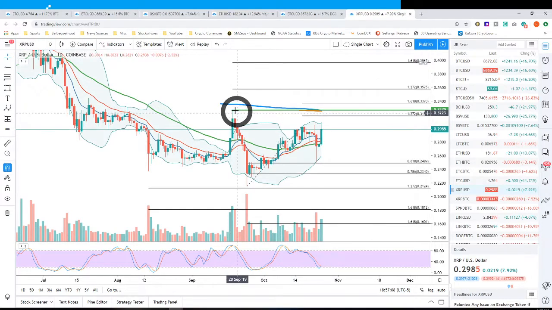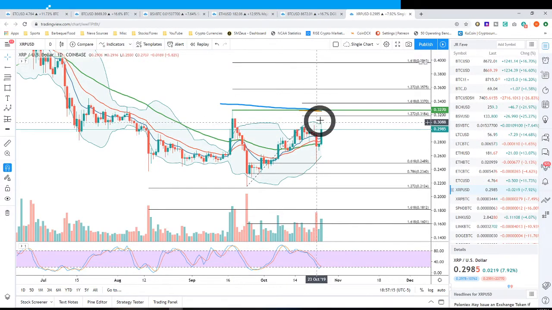Amazing how this resistance in this wick at 0.3273 lines up with where the 233 and the 200-day moving average are. Right? So that's the area that is going to be major resistance. So watch that area. Watch that area right there.